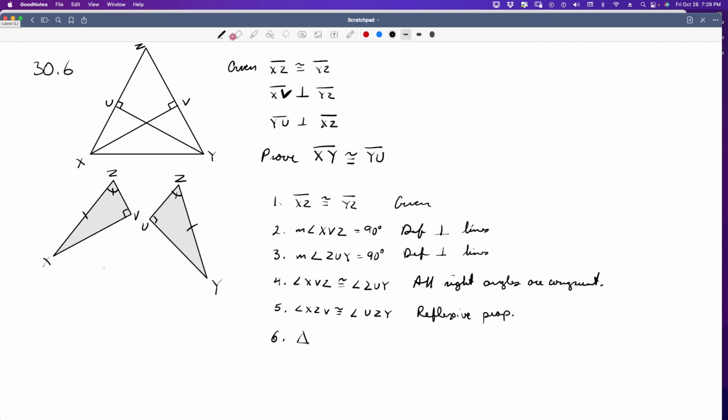oh, that's not what I'm trying to prove though, is it? No, I can say that. That's exactly what I want to say. Triangle XZV is congruent to triangle UZY, and that's going to be through angle, side, right?